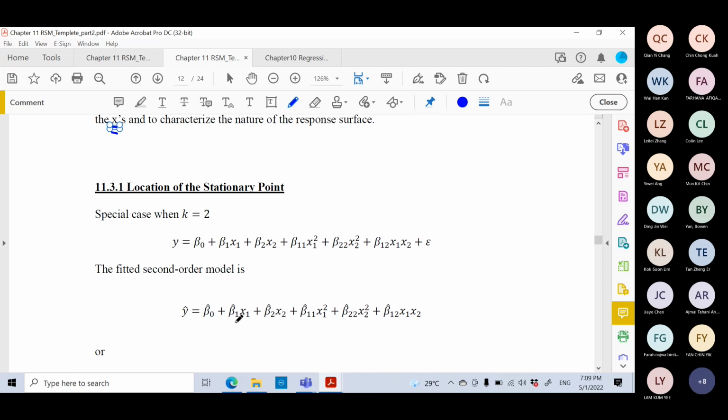So this equation will lead you to the maximum or the minimum solution, or you have another kind of optimal solution.